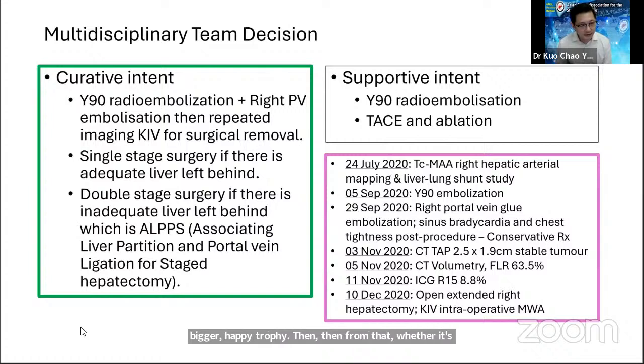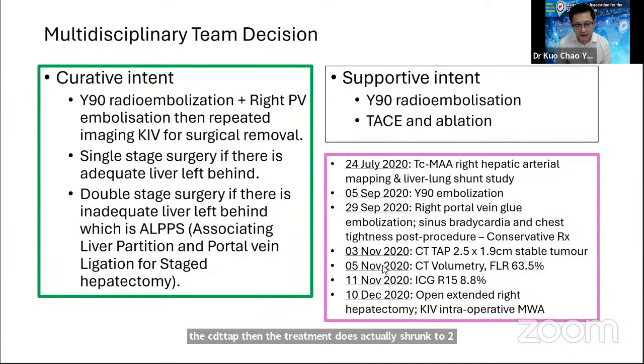They did discuss whether this should be a single stage surgery or a double stage surgery. The double stage surgery is ALPS, in terminology associating liver partition and portal vein ligation for staged hepatectomy. As you can see here, after the procedure, with repeat surveillance monitoring of the CT scan, the tumor shrunk to 2.5 centimeter in November.